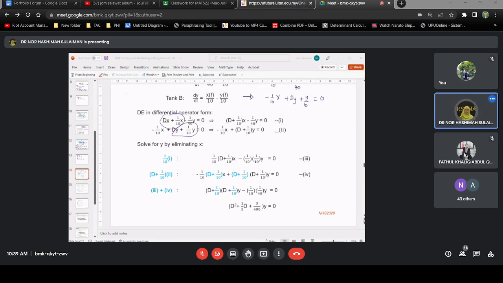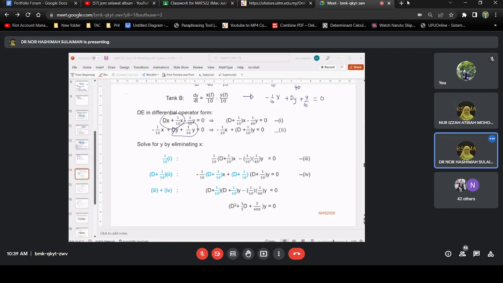Iza Atira ada? Ada. Ada. Tinggal jawab je. Ada ke tak ada. Atira tak ada. Okay, alright. Okay, so boleh faham ke? Natasha, okay Natasha?